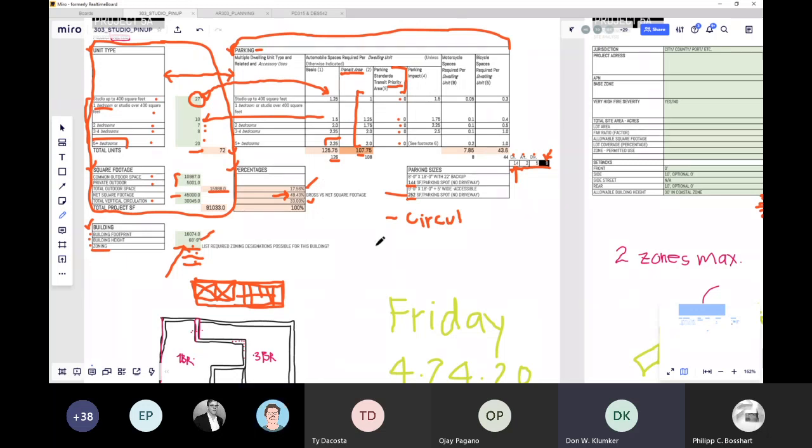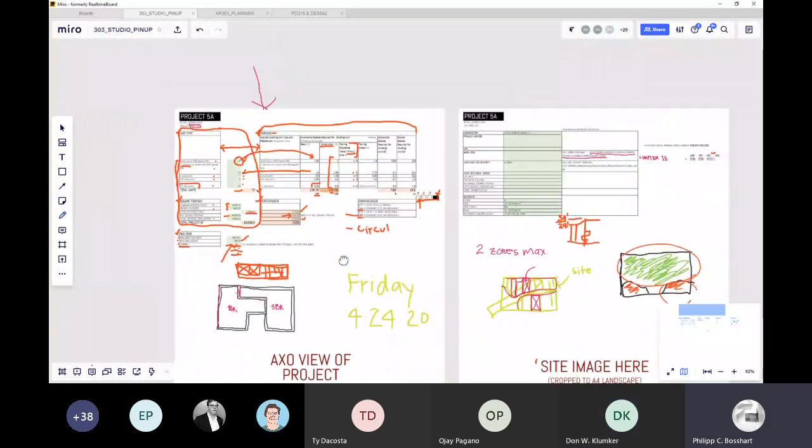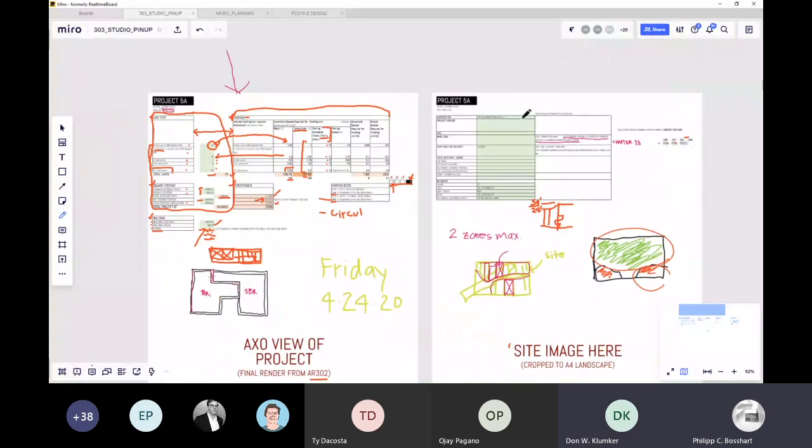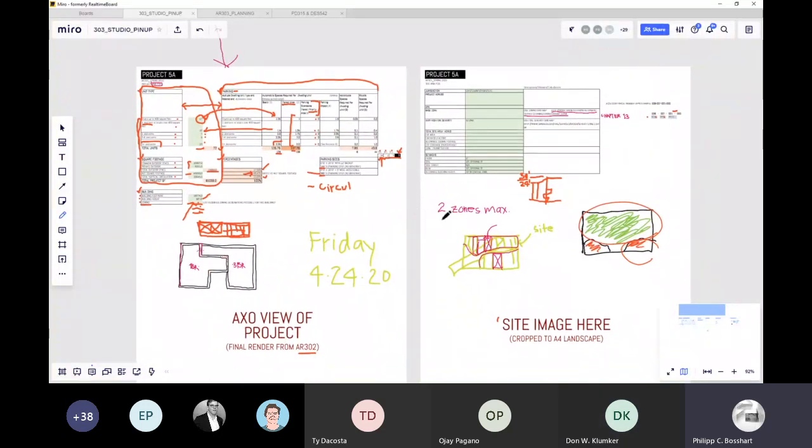Should we break into our smaller groups? Yeah, I think so. I'd like to just cover the broad, but we can loop back if there are any specific questions that we need to clarify. The two things I want to make sure everyone gets a handle on are the 2 zones, and that the assignment is due on Friday, with Wednesday being a really important review day.